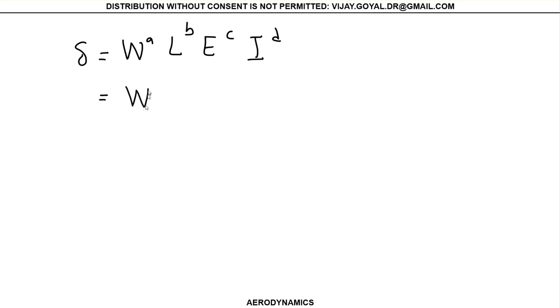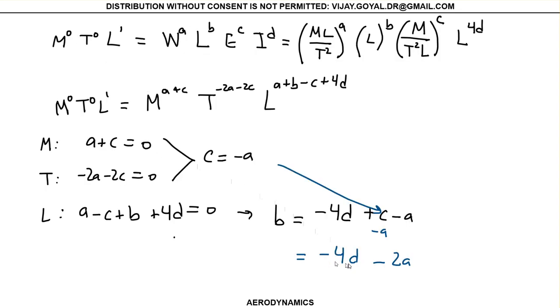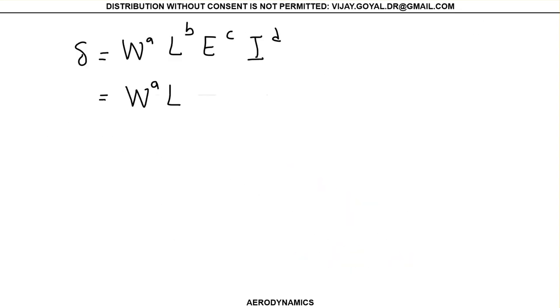We're going to keep the A and D intact. B was equal to minus 4D minus 2A, and C was equal to minus A. I is equal to D.